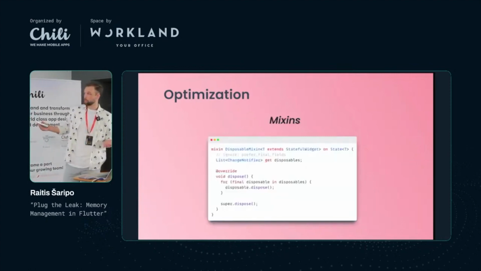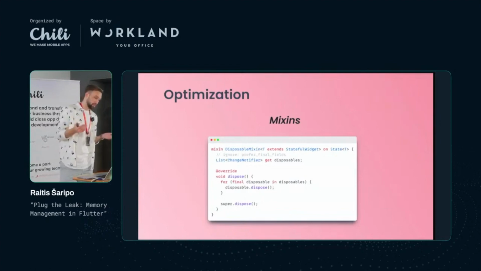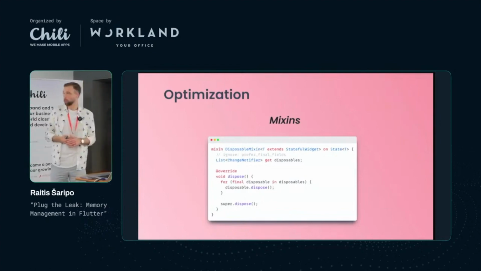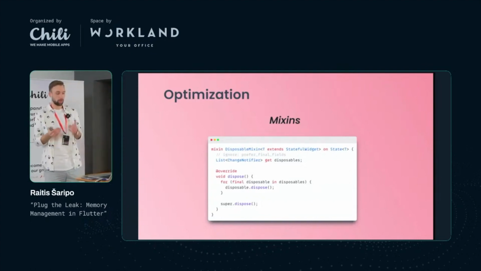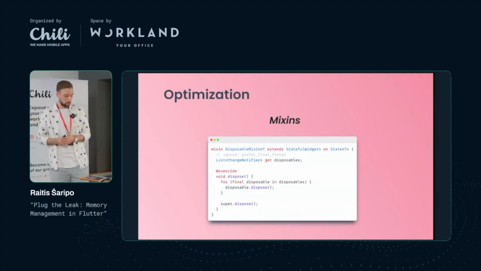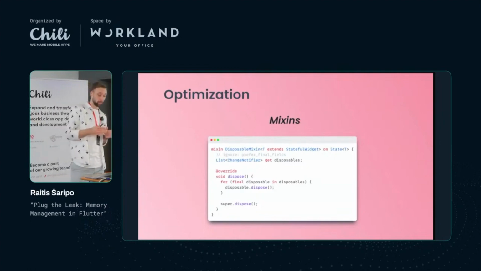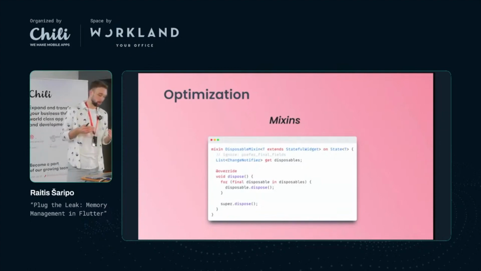Why not use mixins? For example, if you're dealing with, let's say, change notifiers like text editing controllers very often within your app, like you have many screens where you have to use them, why not create a mixin that actually handles the disposal of these objects instead of doing it manually inside each stateful widget.